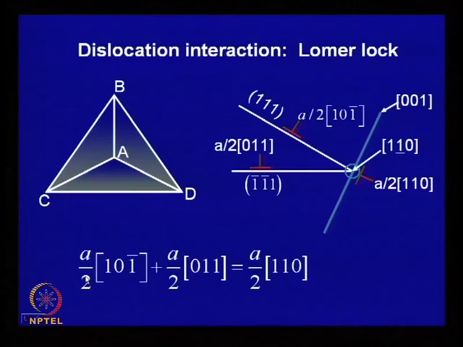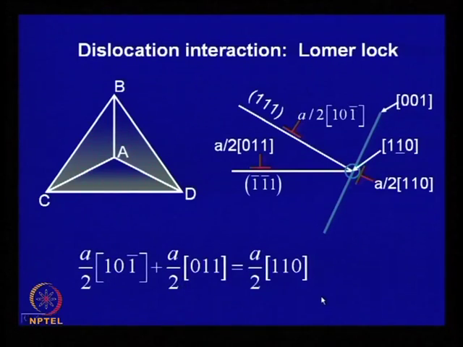Now, if you check whether this reaction is energetically favorable or not, the energy of this dislocation is a square by 2, and this is also a square by 2, so the total energy is a square, whereas the resultant dislocation energy is a square by 2, which is certainly less.